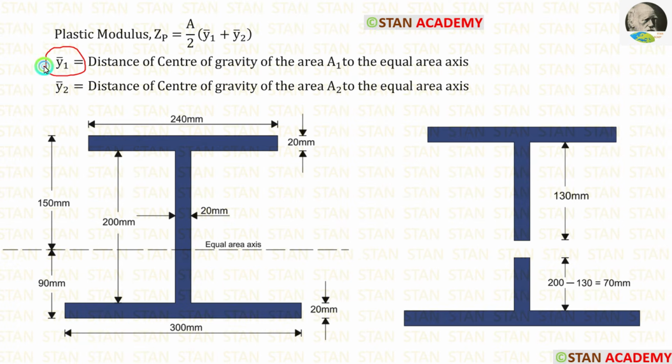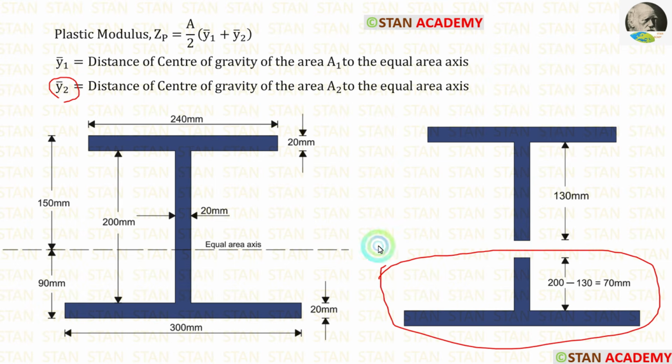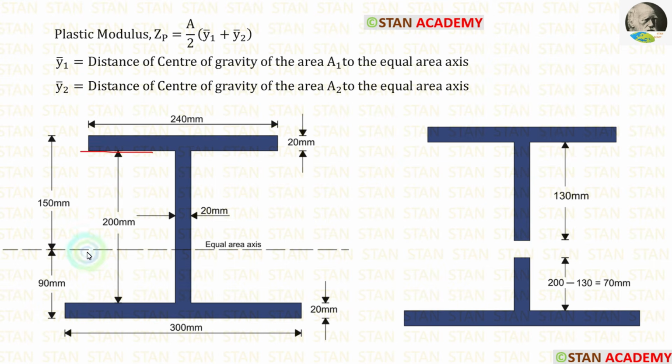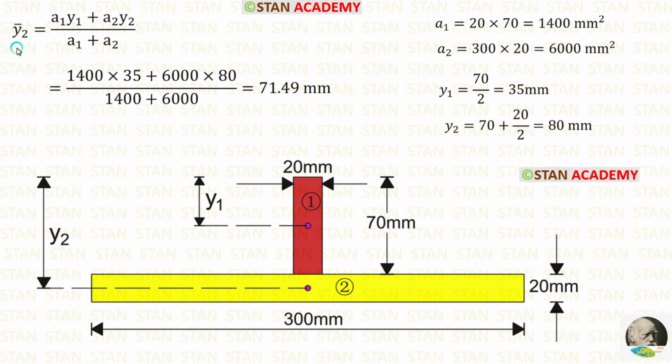We have calculated y1 bar. Now let us calculate y2 bar. For calculating y2 bar, we have to take the area 2 from here to the equal axis. The distance is 130 mm. So 200 minus 130, we will get 70 mm.